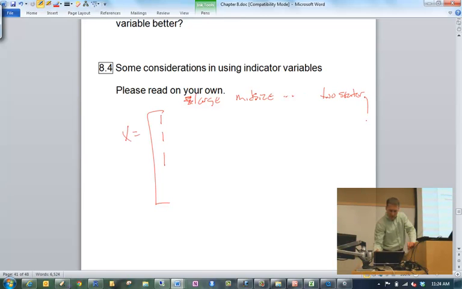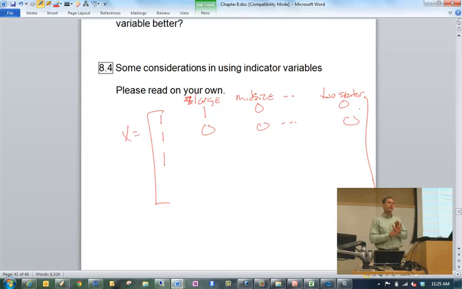So if the first car had a large classification, you have a 1 here, and then 0s all the way across. If the second car in the data set was compact, you would have 0s all the way across. And that's what your X matrix would look like. Does that answer your question? And we only use the same formula for beta: X prime X inverse, X prime Y. Yep.